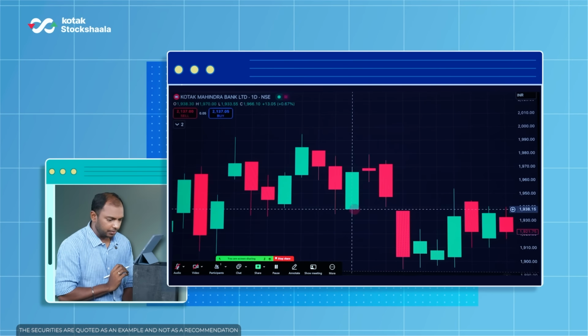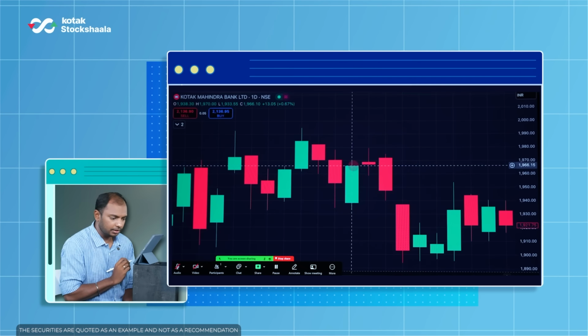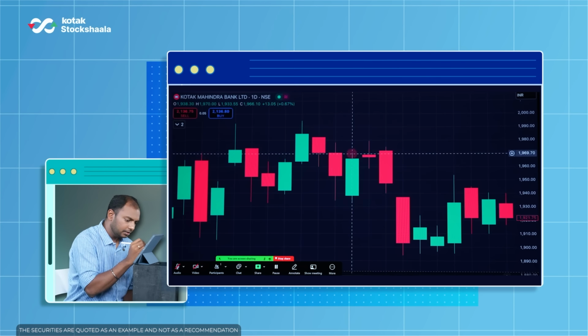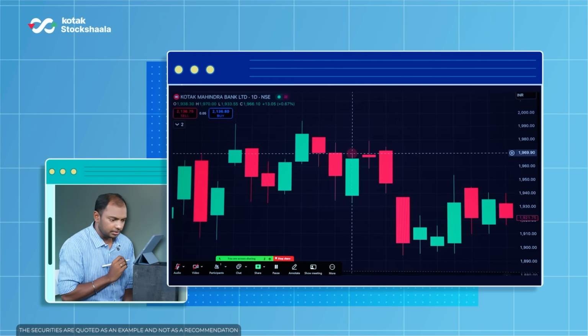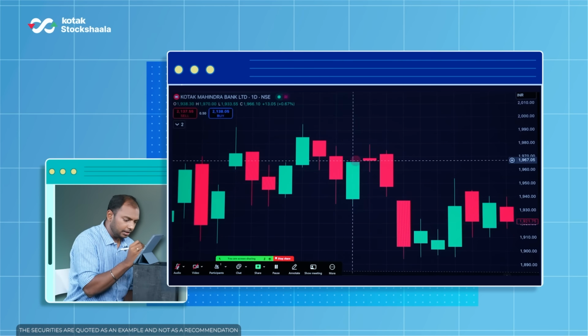The opening price is approximately around 1938 and the closing price is the top of the body, that is 1966, and finally the high of the candle is 1969, which means during that specific day on 24th, the value of Kotak Mahindra Bank went to as much as 1969, but finally came down to 1966 when it closed during the day.